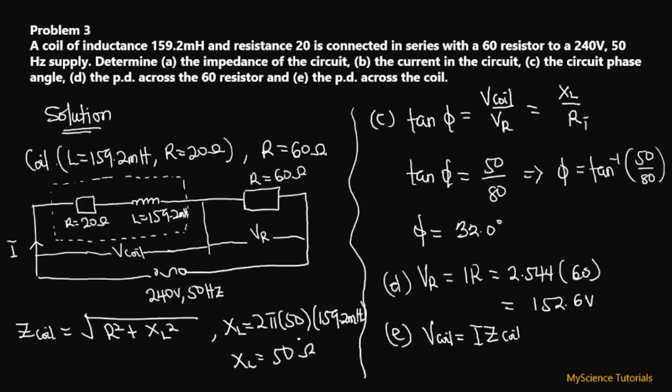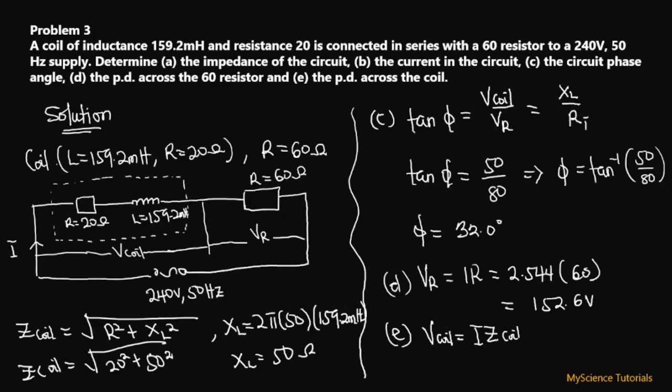Now that we've found this, we can do the substitution to find the impedance of the coil. It is equal to the root of our R, which is 20, so 20 squared, plus we just found our XL to be 50, so 50 squared.